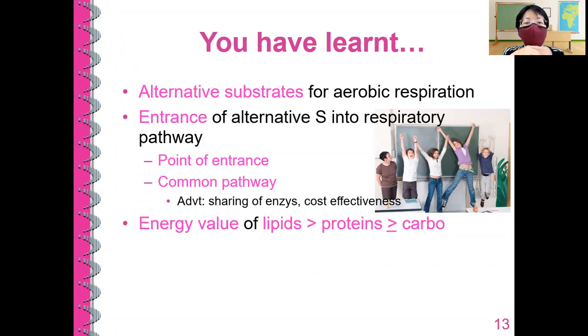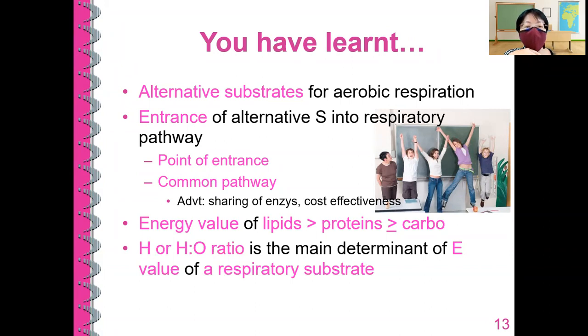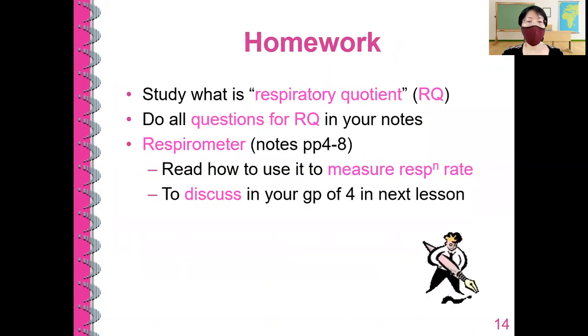You also looked at the energy value of lipids being more than proteins, which is more than or equal to carbohydrate, depending on the combination of amino acids and the R groups of the proteins. And the H or H to O ratio is the main determinant of energy value of a respiratory substrate. Okay. So that's all for this section here.